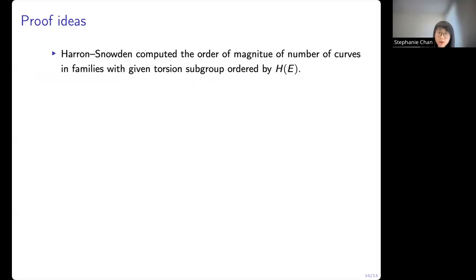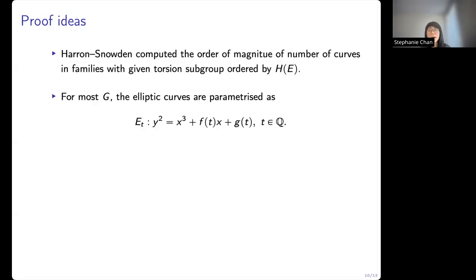So for most possible torsion subgroups G, there is a parameterization of these curves coming from modular curves. Fixing a G, in most of these cases we can express the family as a one-parameter family, where these F and G are polynomials in one variable.